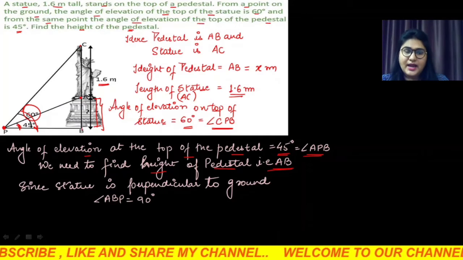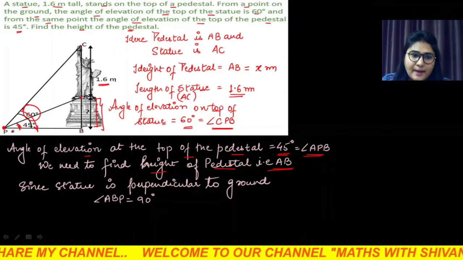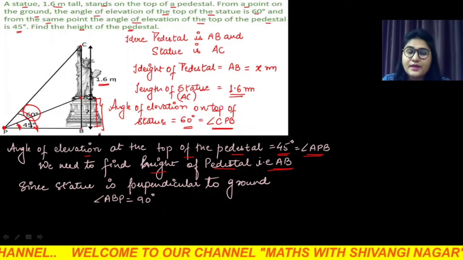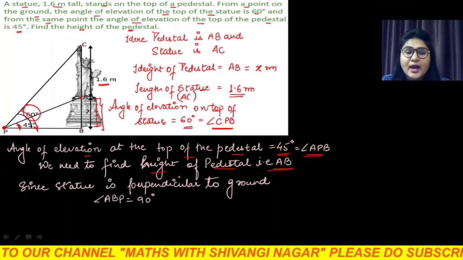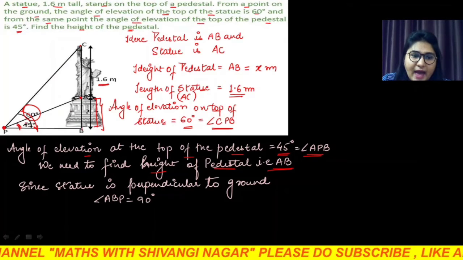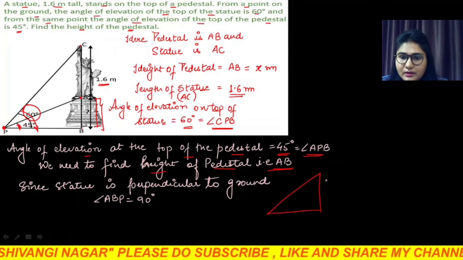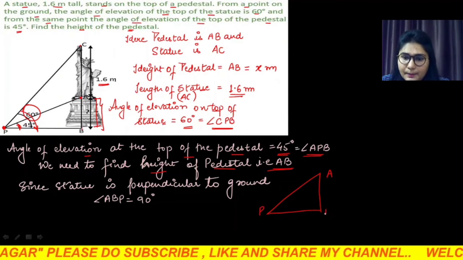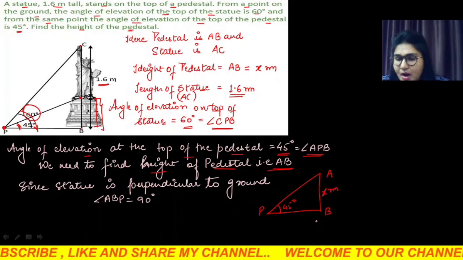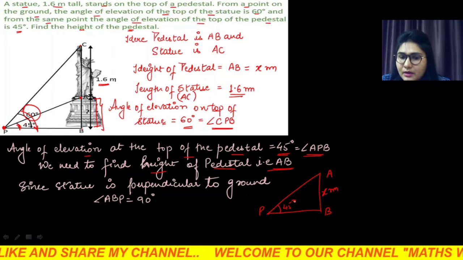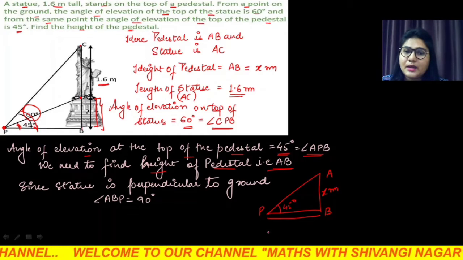So here again we can imagine two right angle triangles, APB and CPB. First we will work on the APB triangle, where the angle of elevation is 45 degree and we have taken AB as x meter. I'm applying the trigonometric ratio to first calculate PB, which will come in terms of x.